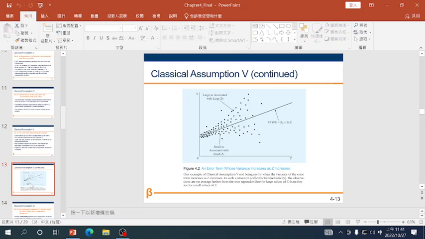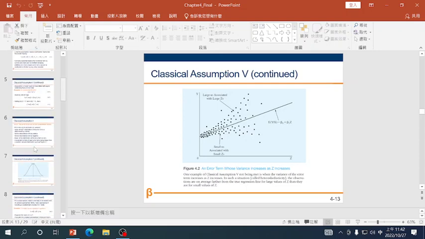No, I should put this one. This is the error terms, instead of y. The error terms won't be increased by the x variables. This means at any level of the x variables, the variance is the same. We will get to this one later on, okay? All right.